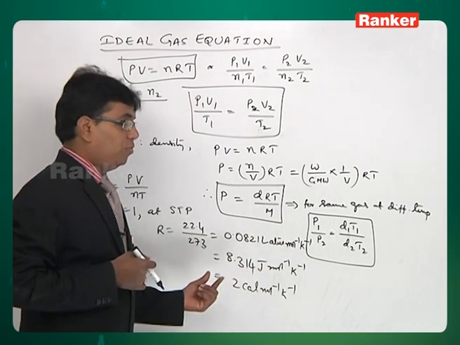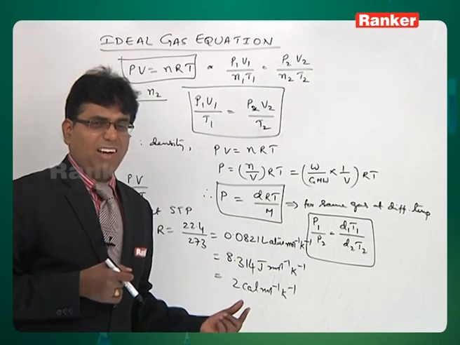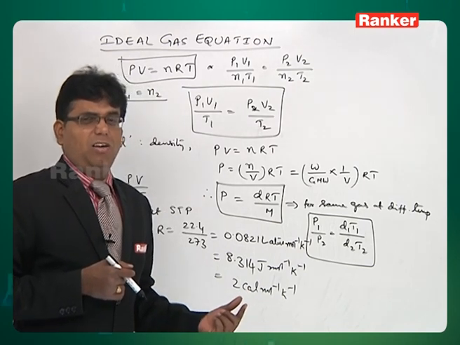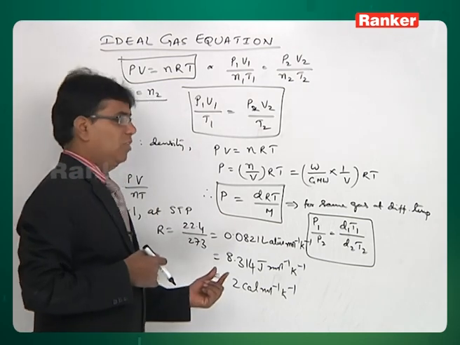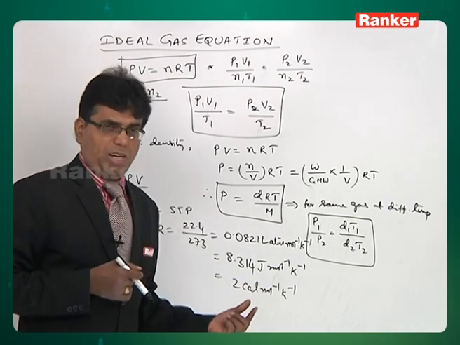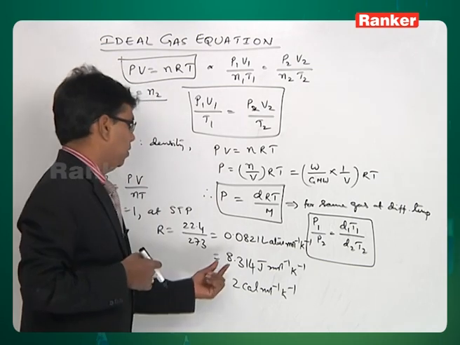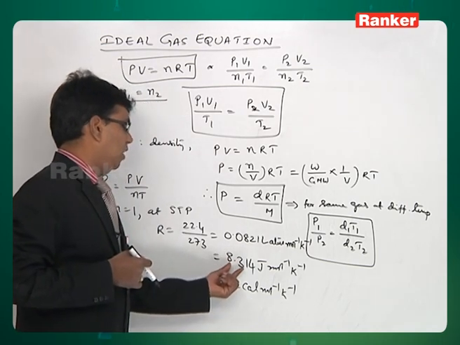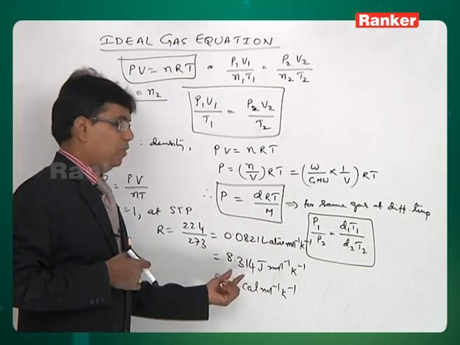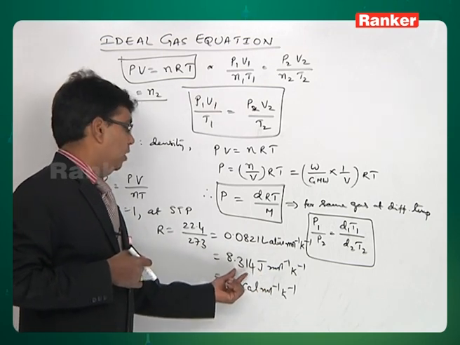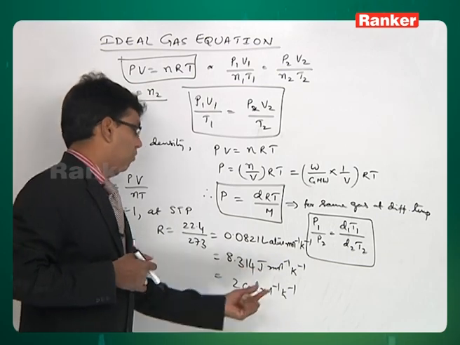Other than that, suppose we want to measure the kinetic energy of a gas or the molecular velocities of a gas, then we have to go in terms of joules or in terms of calories, and most preferably in SI units we take it as 8.314 joule per mole Kelvin.